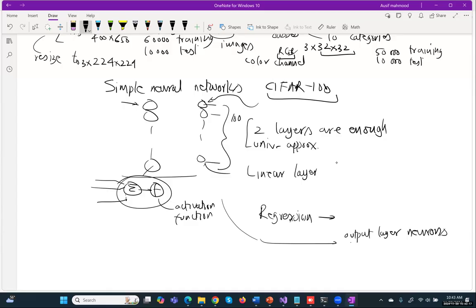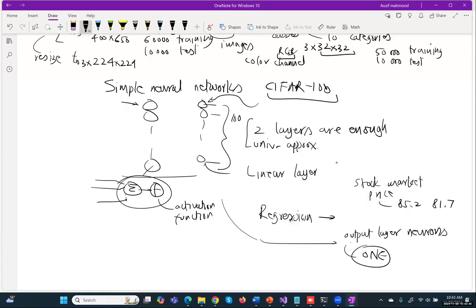So let's say you're predicting a stock market price for a stock, right? Price is either 85.2 or 81.7. It's just one number, right? So the answer is 1.